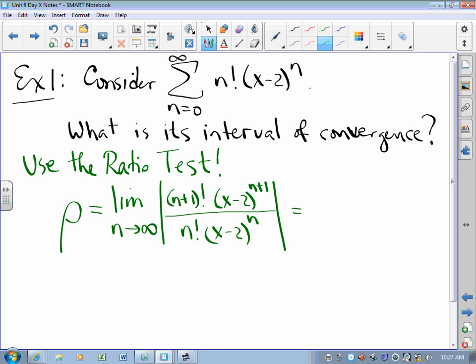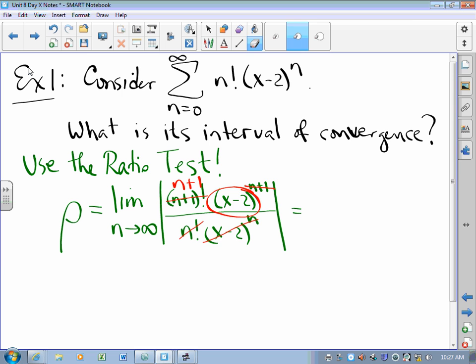So a little bit of algebra before our calculus here. n plus 1 factorial over n factorial leaves you with just n plus 1. The n plus 1th power over the nth power just leaves you with x minus 2. And so we're going to take a limit as n approaches infinity of that.